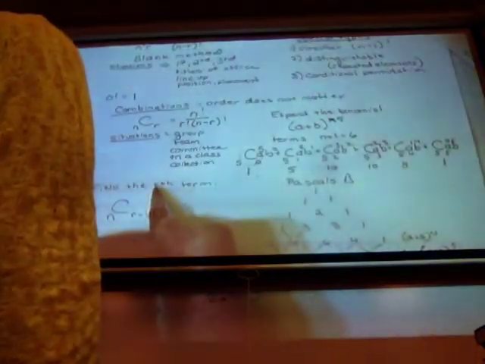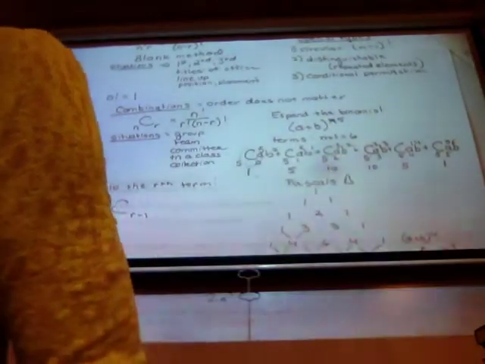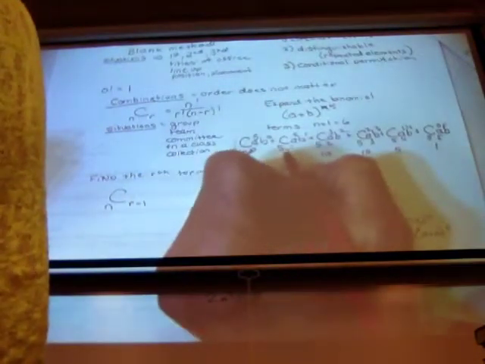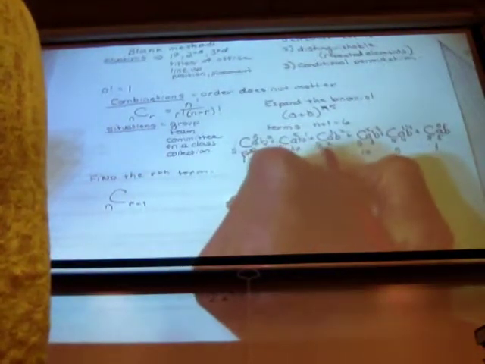We also had find the rth term. Find a certain term, the rth term. And the rth term would be, this would be r minus 1. So if I wanted to find the fourth term, notice here, this is my first term, this is my second term, this is my third term, fourth term, fifth, and sixth.